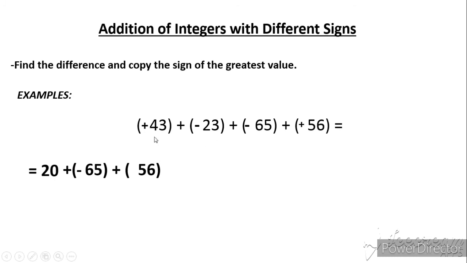So you have to deduct 23 from 43, and that is 20, and copy plus negative 65 plus positive 56, just copy, and then the result is positive 20 plus negative 65 plus 56.